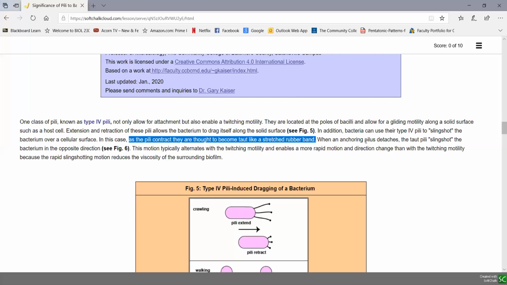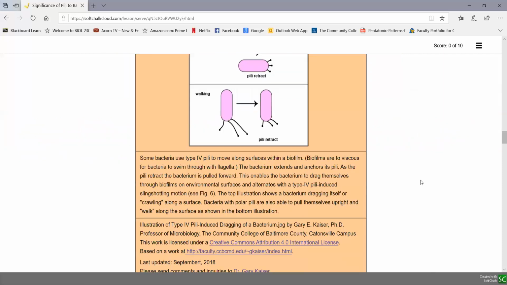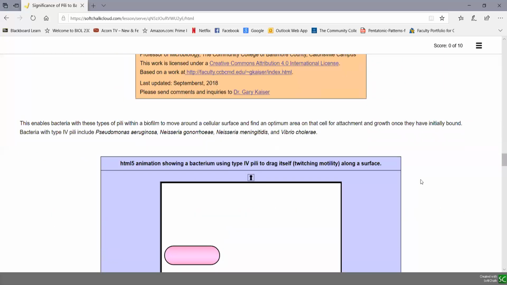And as they get tighter and tighter, an anchoring pilus detaches, and the taut pilus then pulls the bacteria forward in a slingshot type motion in the opposite direction. And often we see changes between twitching motility and the slingshot motility, which allows them to both do a rapid change in direction and be able to move over cellular surfaces.